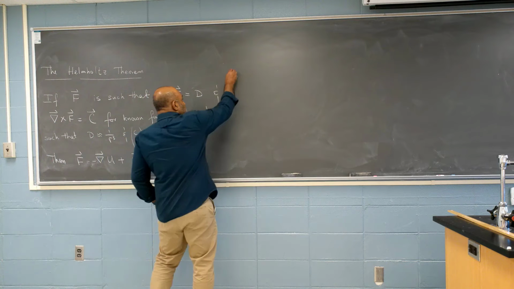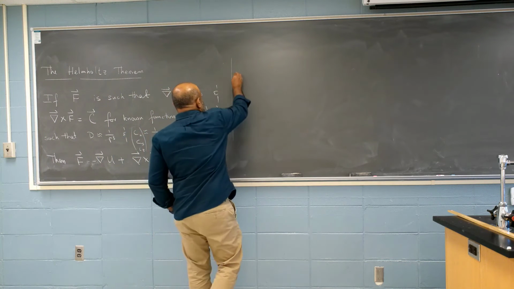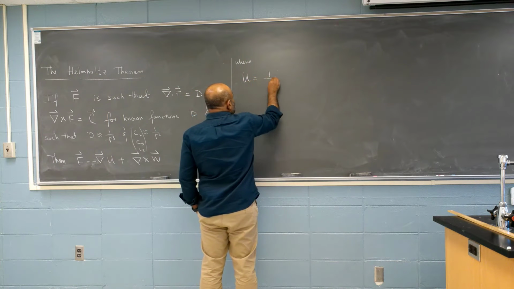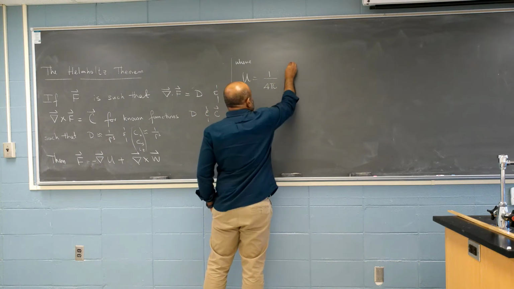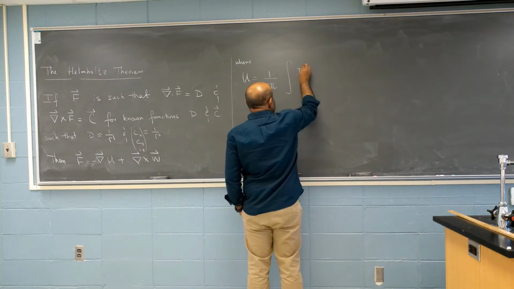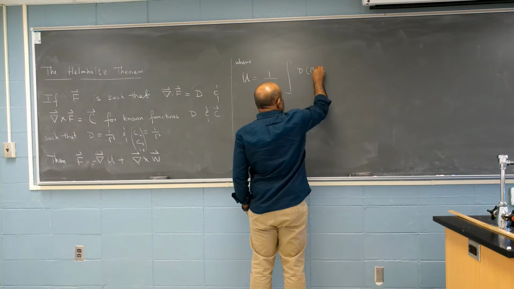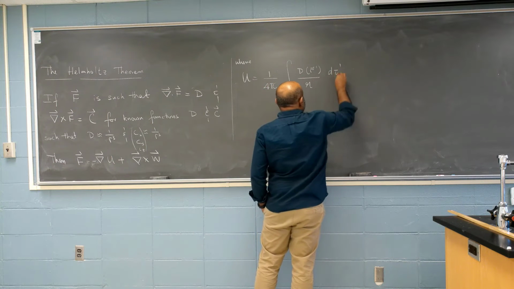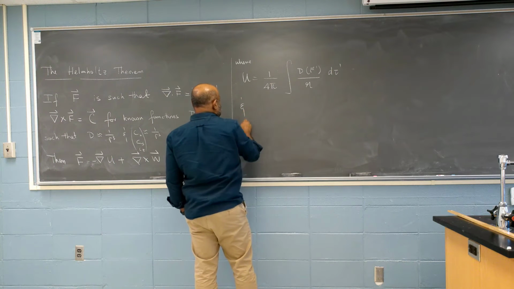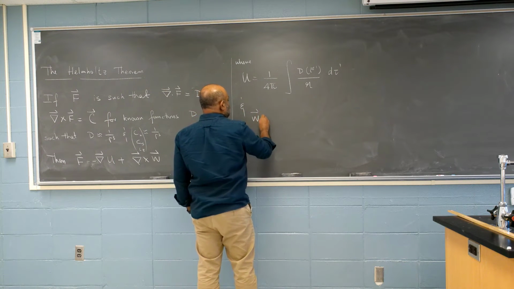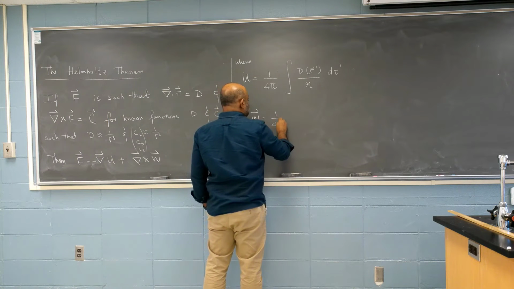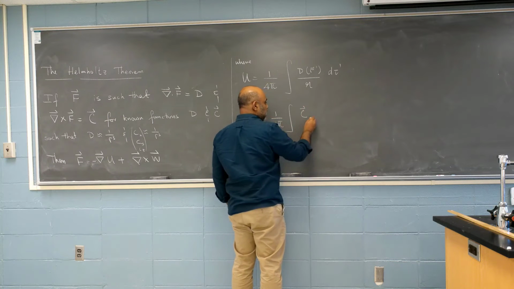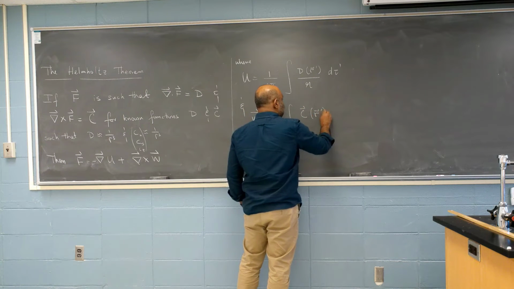You will recognize the formula where U equals 1 over 4 pi integral of D of r prime over the separation d tau prime, and W, so W is a vector, so this has to be a vector, C of r prime.